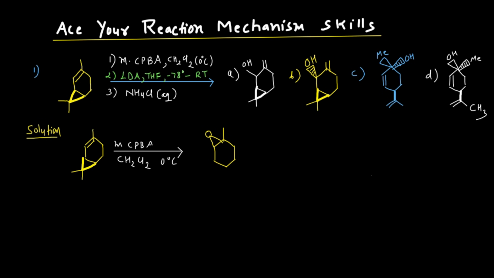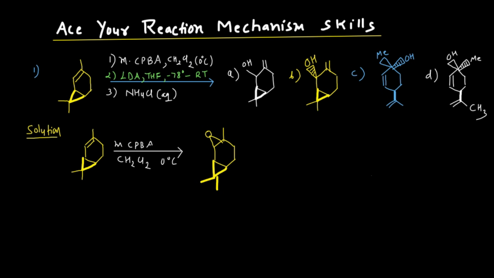Another very important aspect which you should note is that this ring is on the upper side. So whenever the epoxidation occurs, the oxygen will not attack from the top position, it will attack from the bottom position.